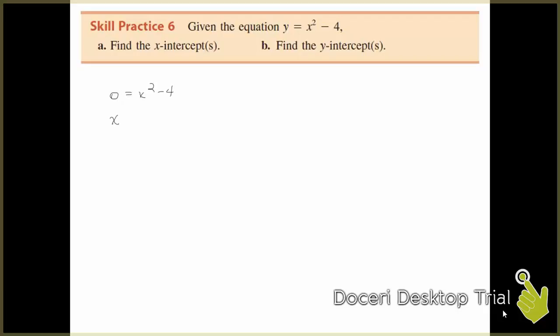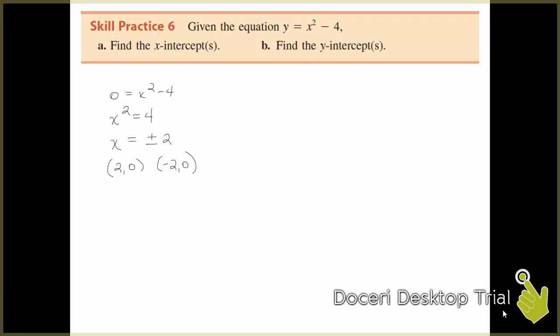So we have x squared equals 4. When I bring the 4 across, square root both sides, x equals plus or minus 2. So my two x-intercepts are at (2, 0) and (negative 2, 0). Those are my two x-intercepts.